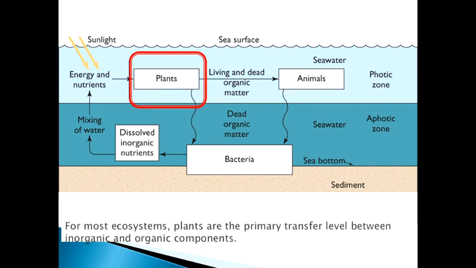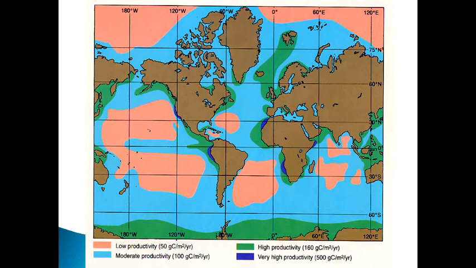If we look at the next slide here, this sort of maps productivity over the oceans, and productivity, remember, is literally the biomass of these plants. So primary productivity is productivity of plants. The units are measured in grams of carbon per square meter per year, and it's color-coded here with low productivity, very little, being this sort of salmon color.